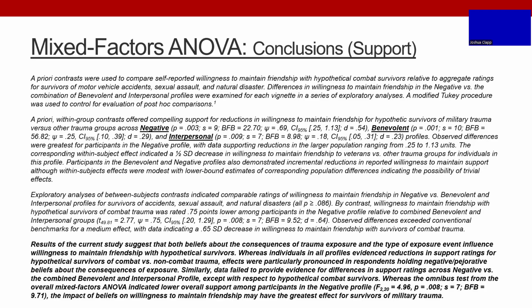Participants in the benevolent and negative groups also demonstrated incremental reductions in reported willingness to maintain friendship or support, although within-subjects effects were modest, with lower bound estimates of corresponding population differences indicating the possibility of trivial effects, right? So again, for my benevolent group, it's 1/10 of a point. It's 5/100ths of a point, just acknowledging that practically there might not be much there, right?